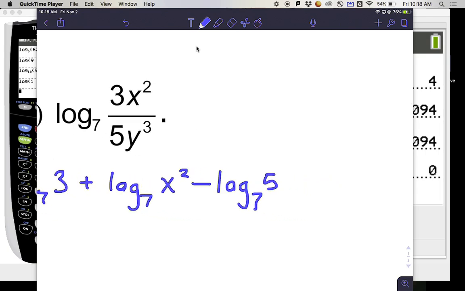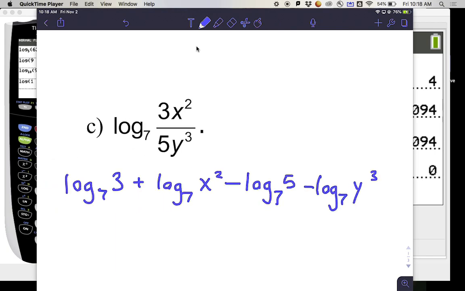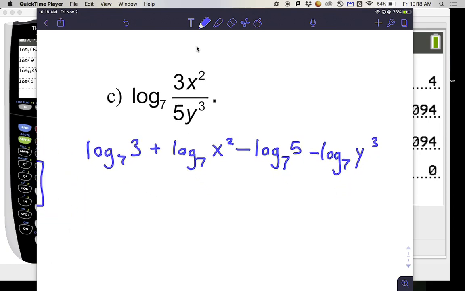And then since the y cubed is also in the denominator, we're going to put a minus log base 7 of y cubed. So you got a bunch of stuff going on there. Make sure both the logs of the stuff in the denominator have negatives out in front. That's the big thing there.